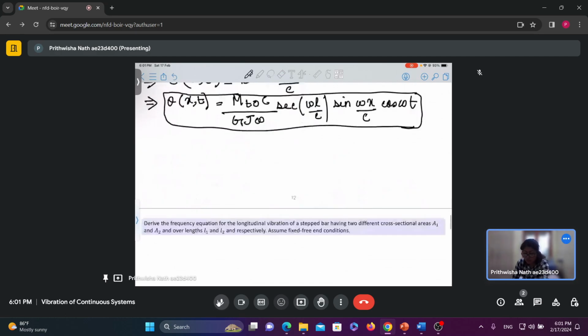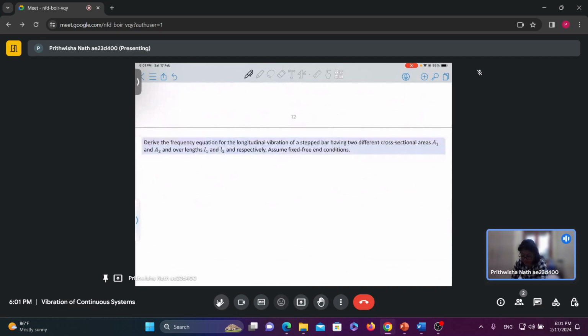Now moving on to the next question. Derive the frequency equation for a longitudinal vibration of a step bar having two different cross-sectional areas A1 and A2 and lengths L1 and L2 respectively.